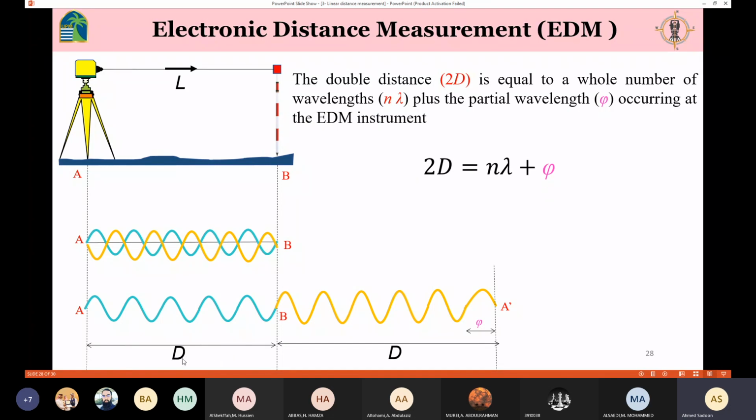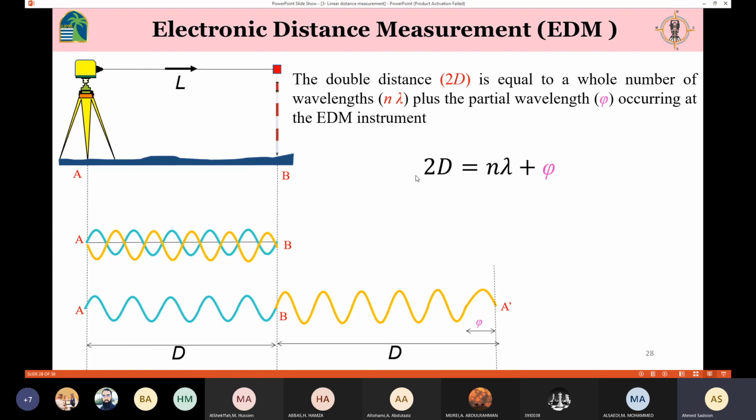So I can say that the distance here plus the distance here is the number of wavelengths plus a partial part of the wavelength, because I'm going to have a complete wave, then a complete wave, and so on, but the last one is not going to be complete. It's going to be a partial wavelength.